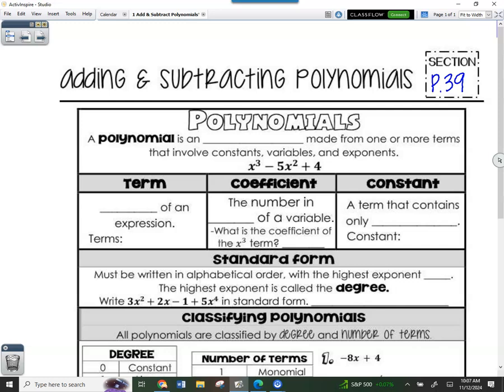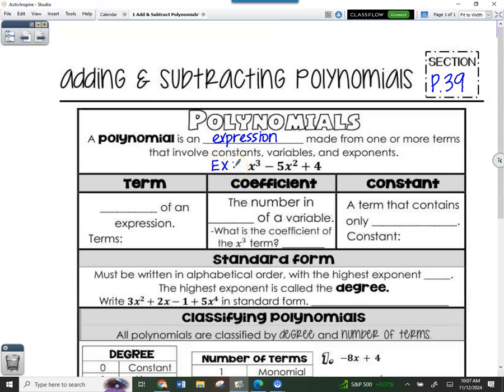First, polynomial. That is an expression made from one or more terms that involves constants, variables, and exponents. There's an example of a polynomial right here.